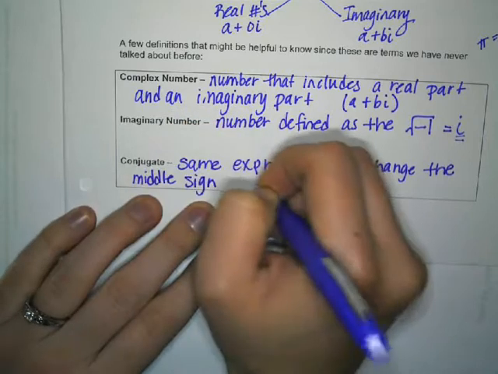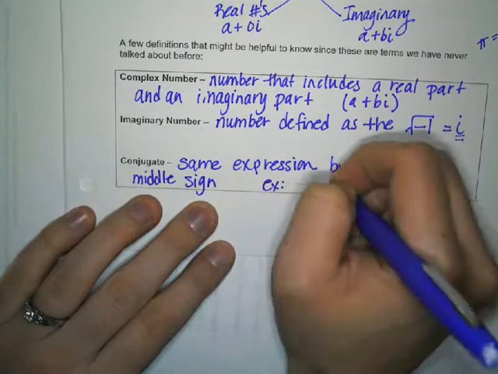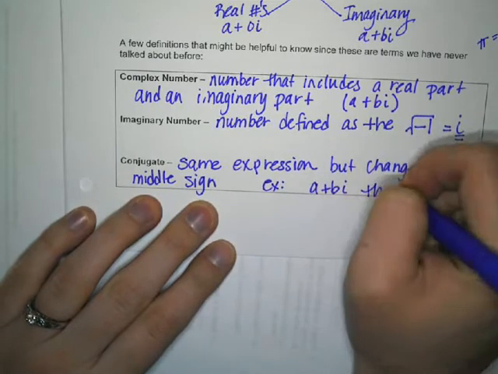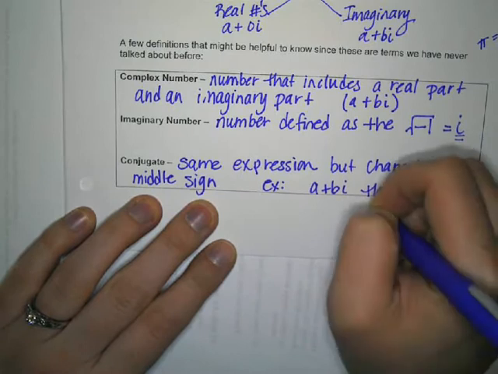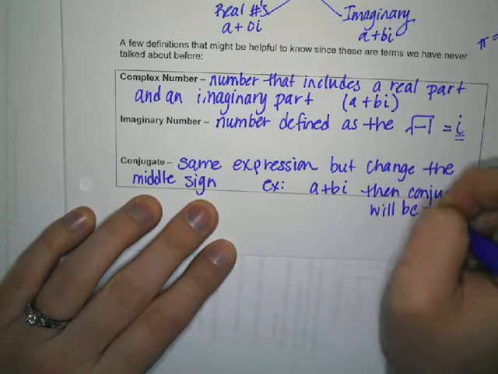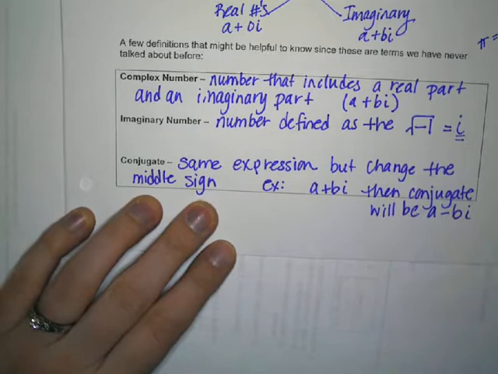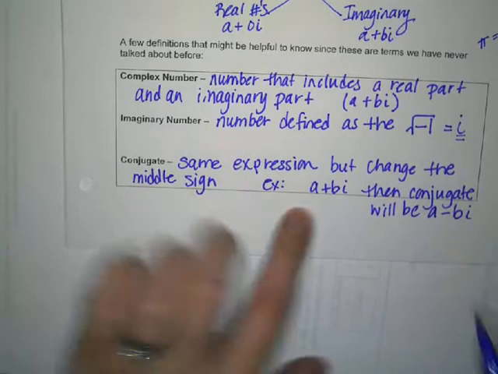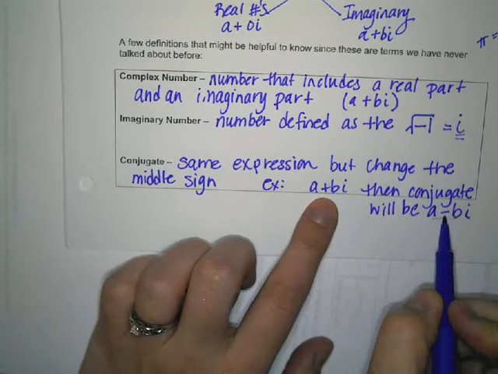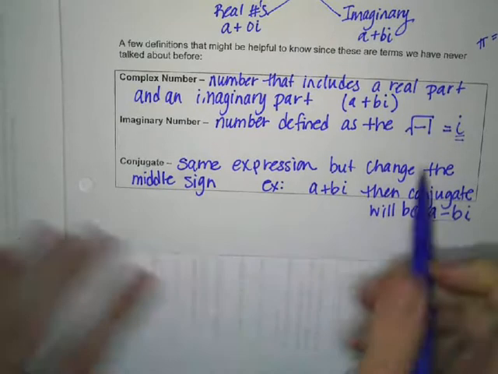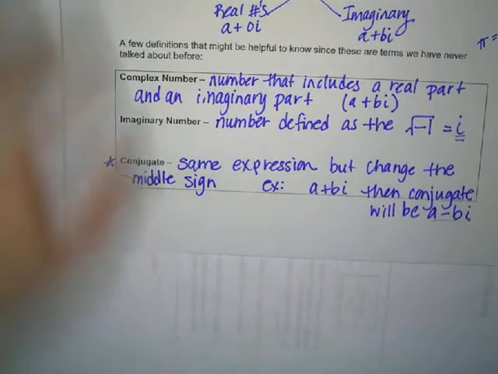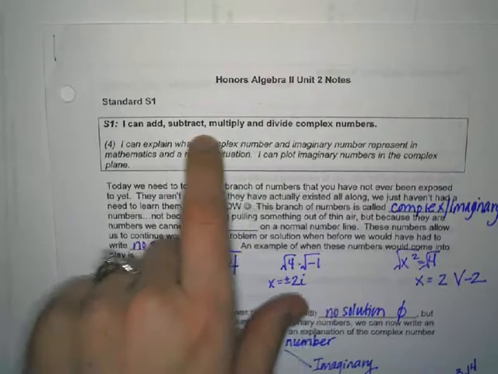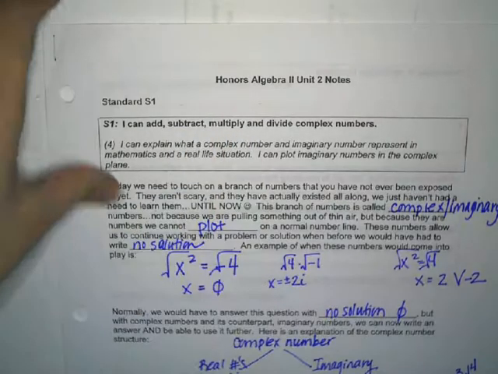An example, if you have a plus bi, then the conjugate will be a minus bi. You just have the same exact expression, just change the sign in the middle. Now, this term we will get to when we divide complex numbers, because, again, our standard is adding, subtracting, multiplying, and dividing complex numbers.